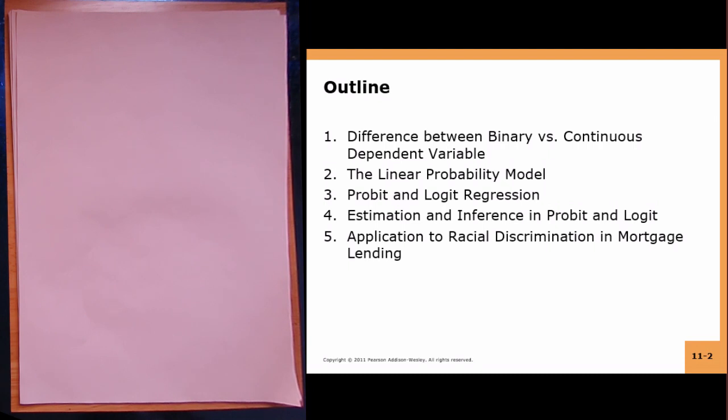We will look at how to estimate the probit and logit models, and how to infer the results of probit and logit models. All of this we will do by referring to a particular application, which is whether there is any racial discrimination in mortgage lending.